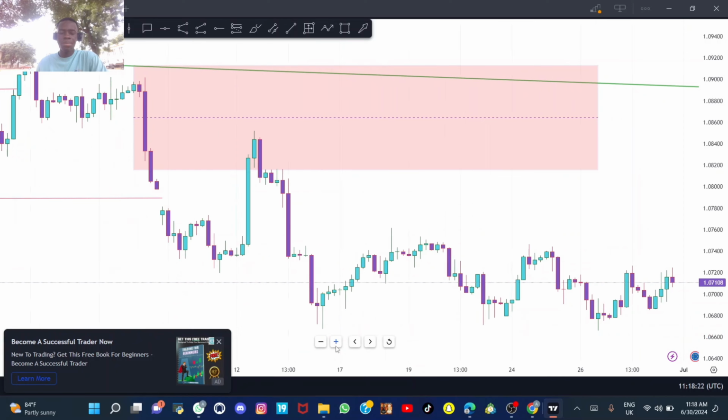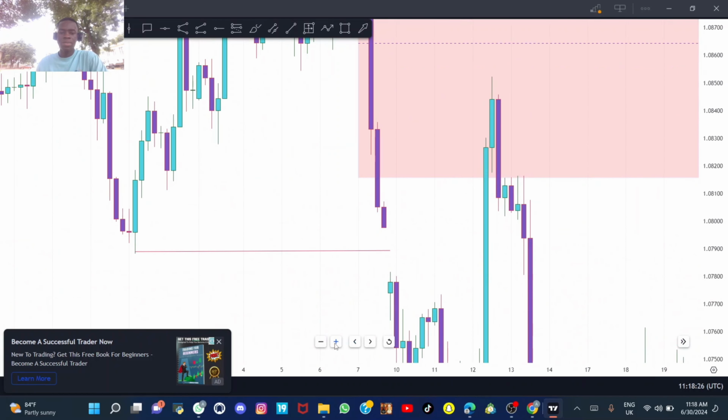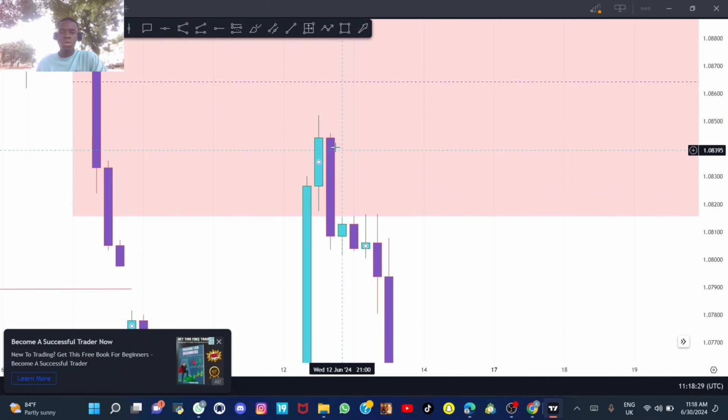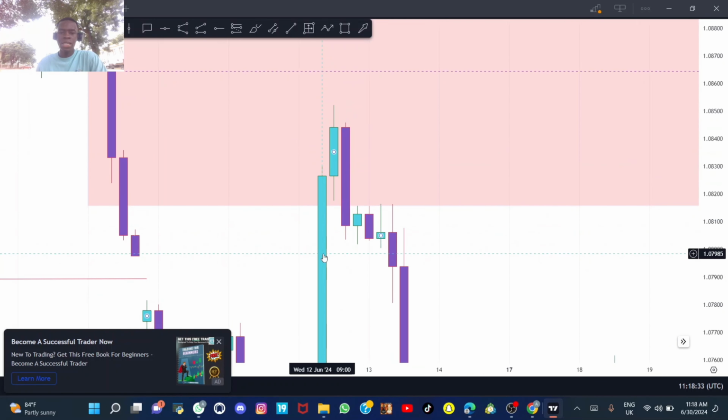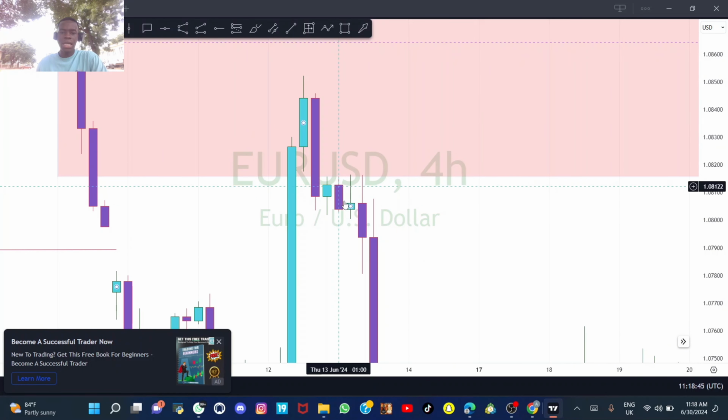When the market came into the 50% retracement, what I anticipated was bearish momentum coming into the market. We had a bullish candle, another bullish candle, and then a bearish engulfing. Unfortunately, I couldn't enter here, so I had to wait for the candle to close.